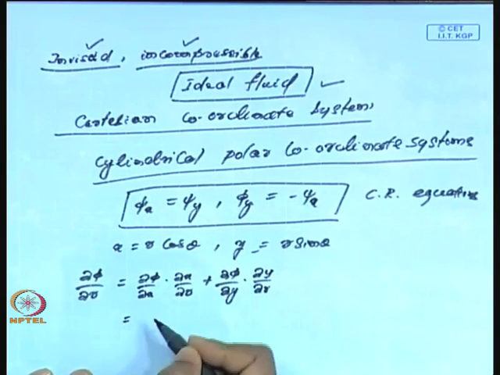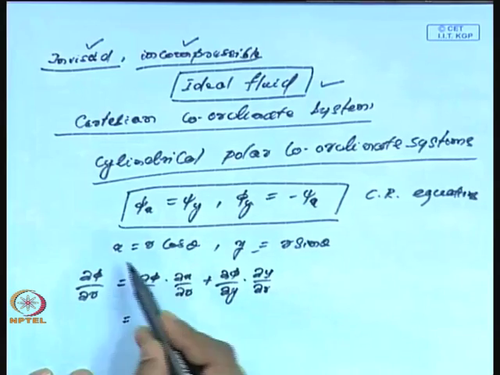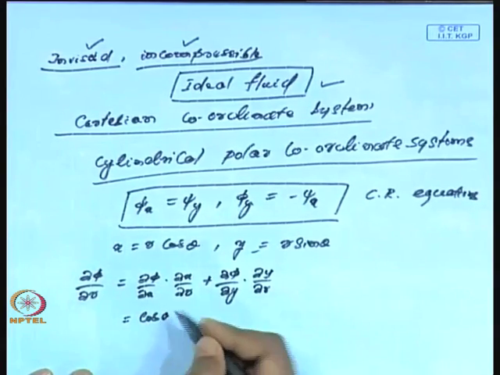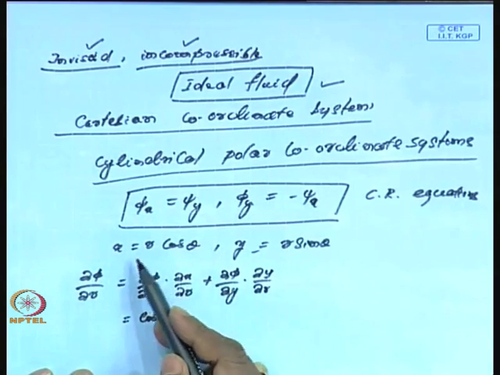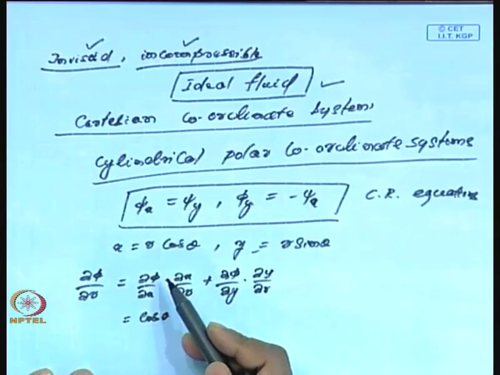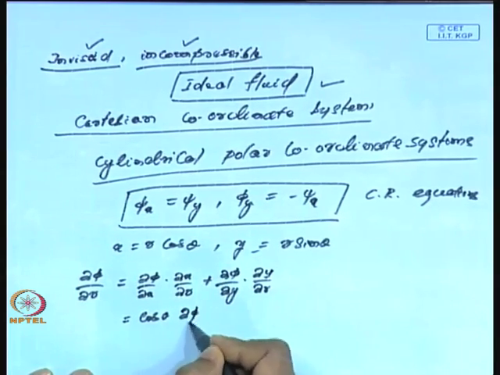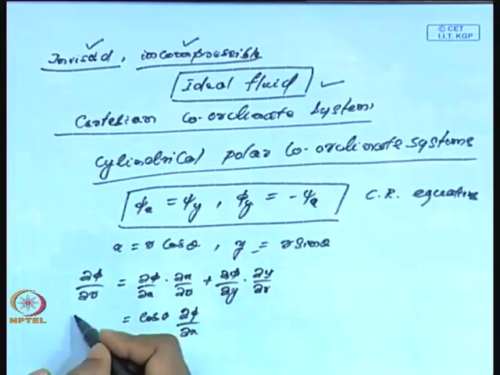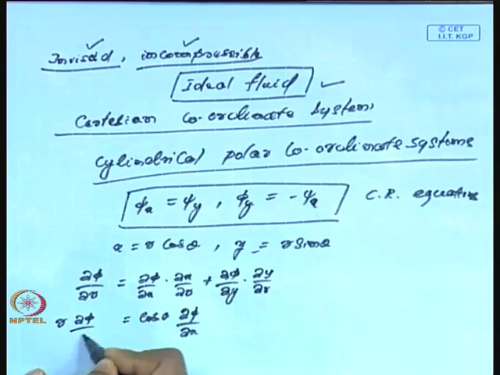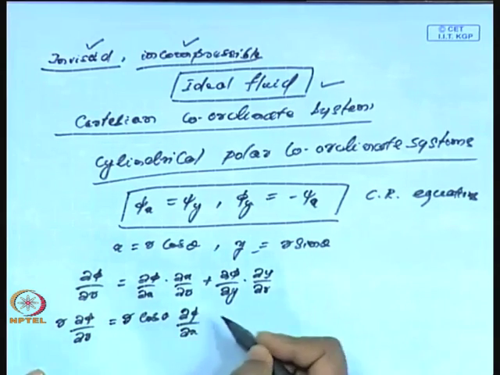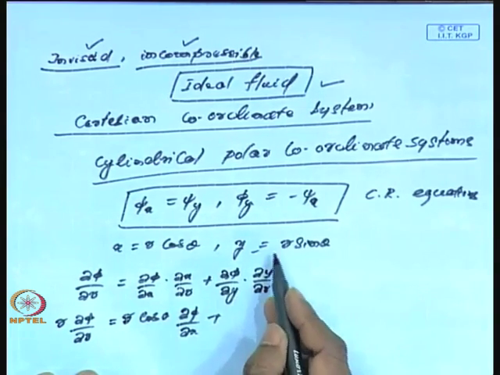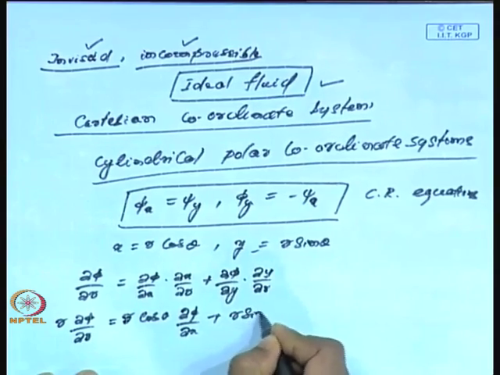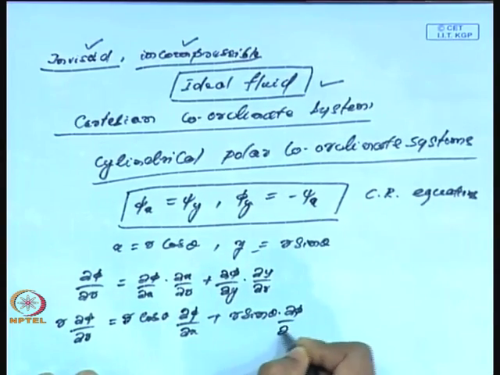Del x by del r is cos theta, so cos theta into del phi by del x. So, I can always write r del phi by del r is equal to r cos theta del phi by del x, plus del phi by del y into del y by del r, which is sin theta. So, it is r sin theta into del phi by del y.